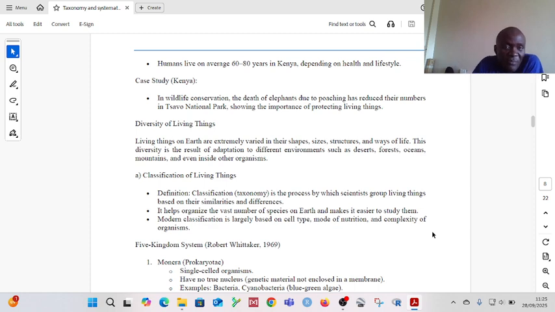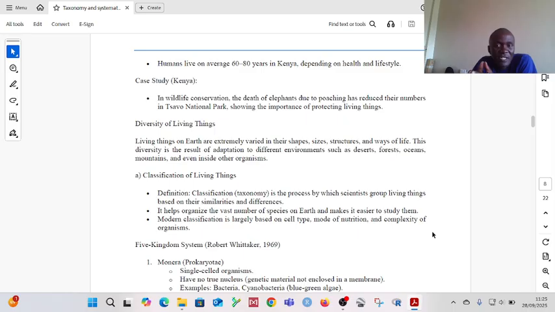Then, for the parasites, you find some organisms living inside other organisms. So, the differences will be as a result of the adaptation of that particular organism to where it is living.